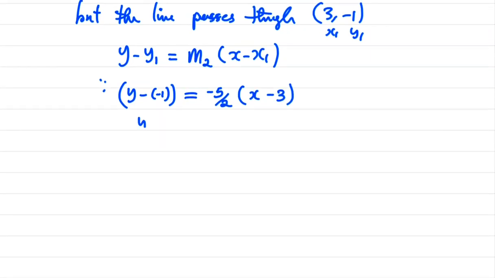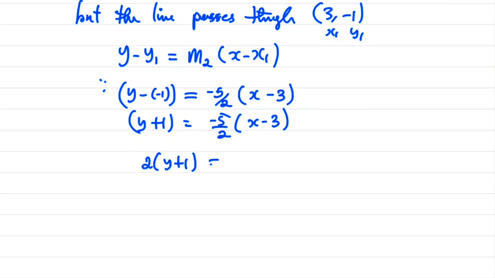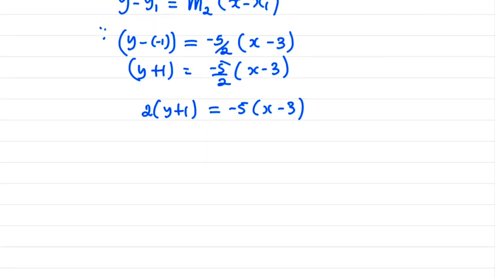Now, working this out, we have y plus 1 equals minus 5 over 2 into x minus 3. Cross multiplying, you have 2 into y plus 1 equals minus 5 into x minus 3. Expanding further, you have 2y plus 2 equals minus 5x plus 15.